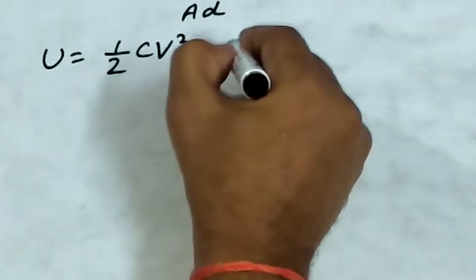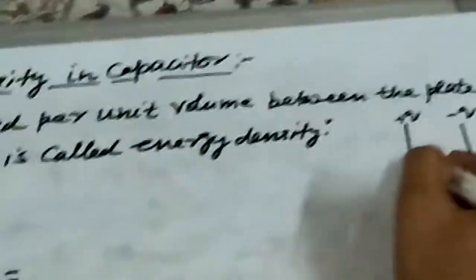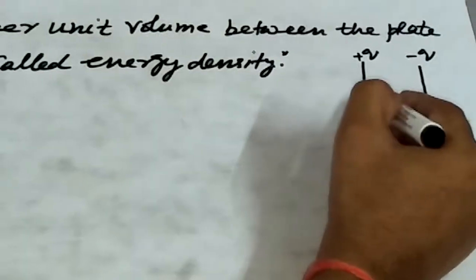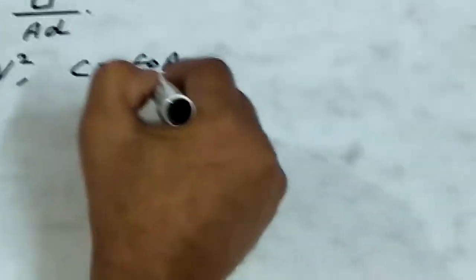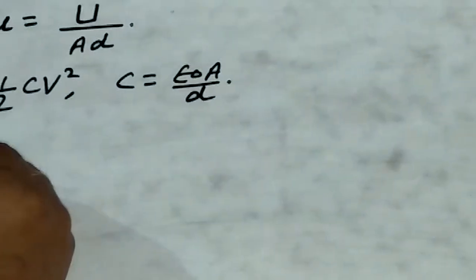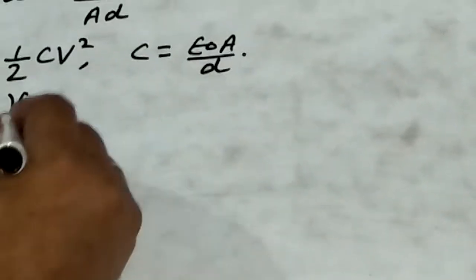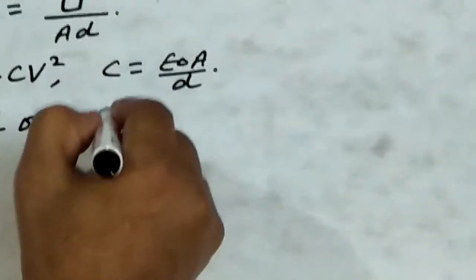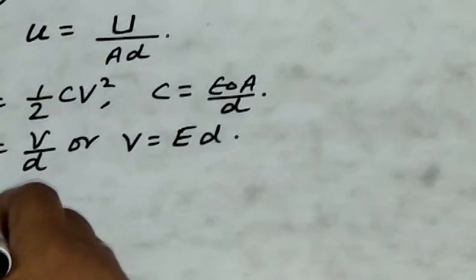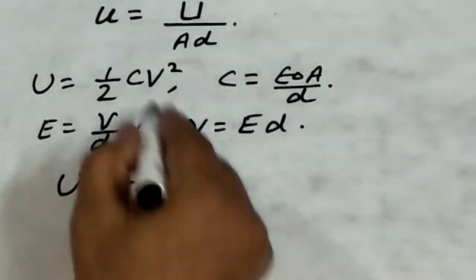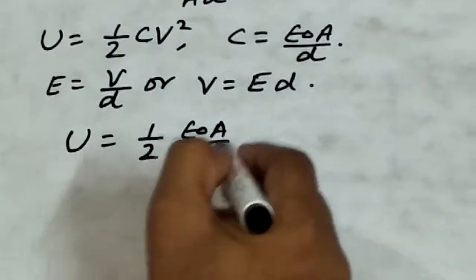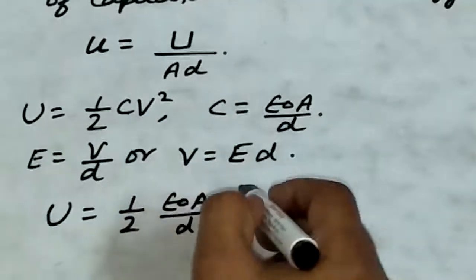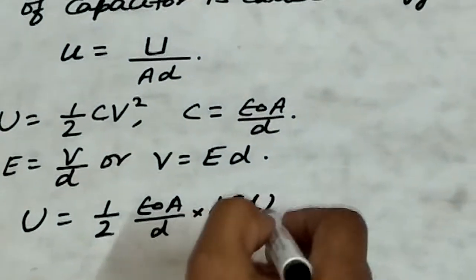and in place of C, the capacitance, the expression for a parallel plate air capacitor is C is equal to epsilon naught A by d, and also we know E is equal to V by d, or V is equal to E into d. So now we can write U is equal to half, in place of C epsilon naught A by d, into V square, which is E d whole square.